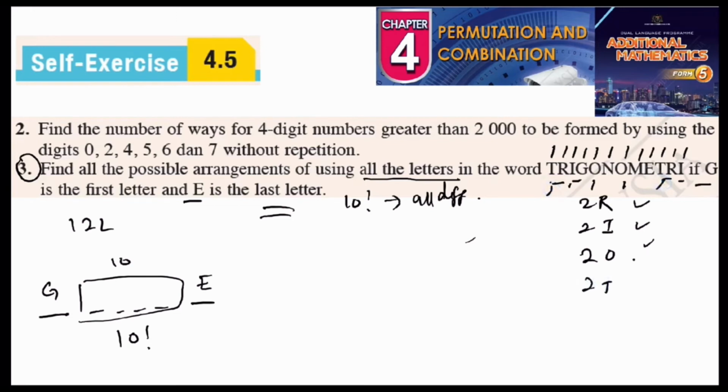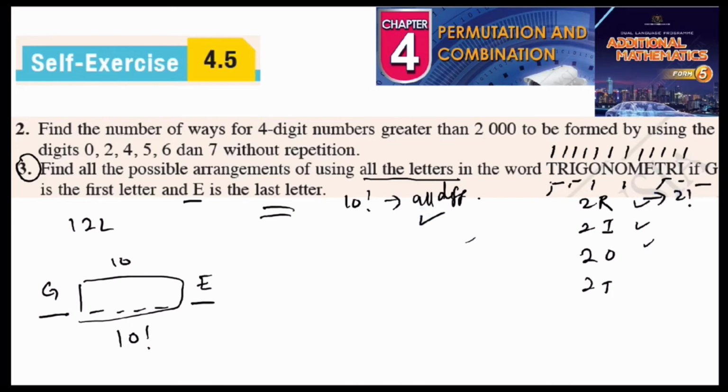So we are going to write the repeating ones in terms of permutation. If 2 are repeating it will be 2 factorial. We have 4, so the answer will be 10 factorial divided by 2 factorial each.